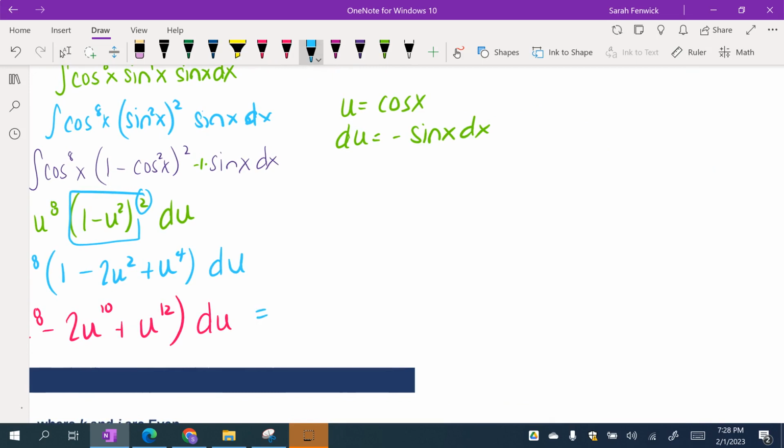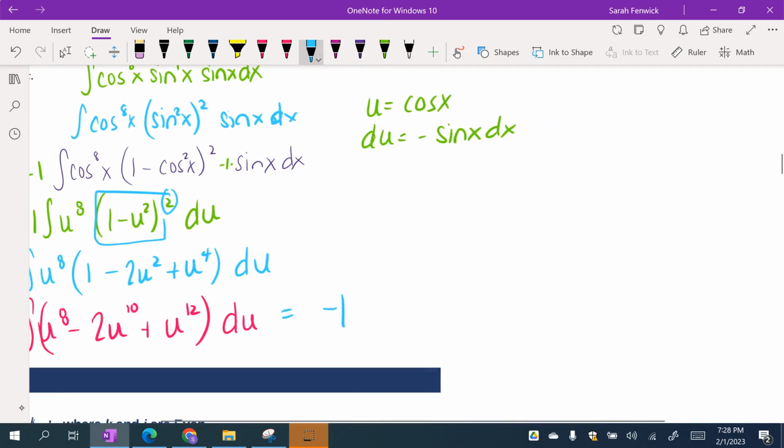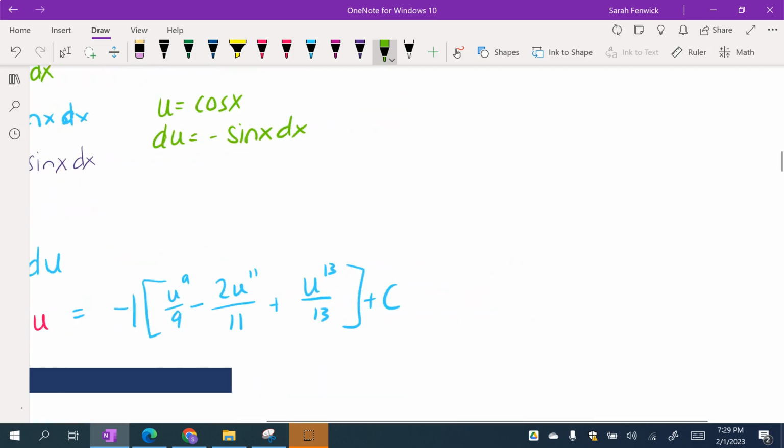So we have negative 1 times u to the 9th over 9 minus 2u to the 11th over 11 plus u to the 13th over 13 plus c. We are going to plug cosine back in, and I have negative 1. Let's distribute that while we're going, make our lives a little bit easier.